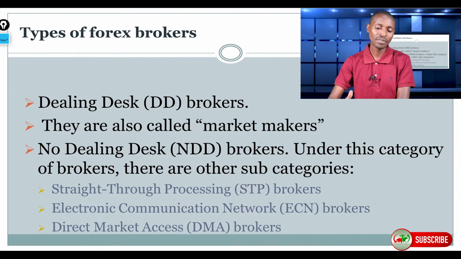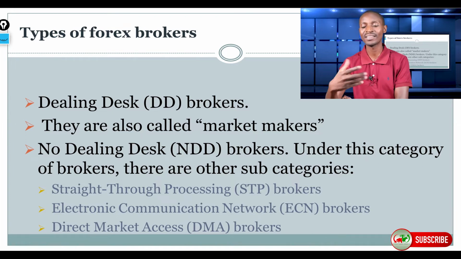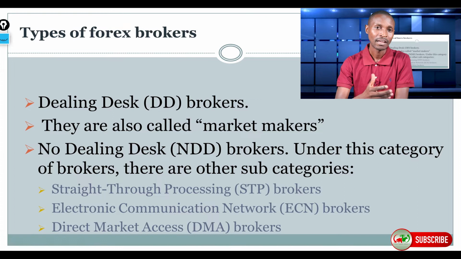These are the brokers who take the currency quotes directly from the central bank, and they provide them to the Forex traders as they get them. You could ask yourself how they make money, since they have no spreads to play with.